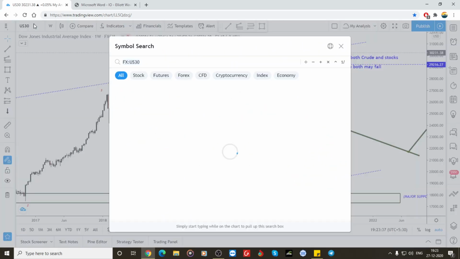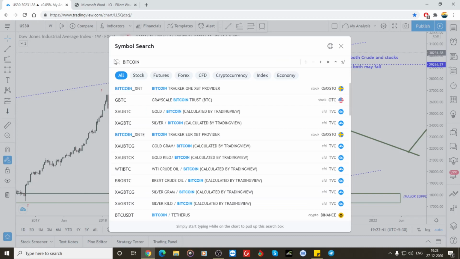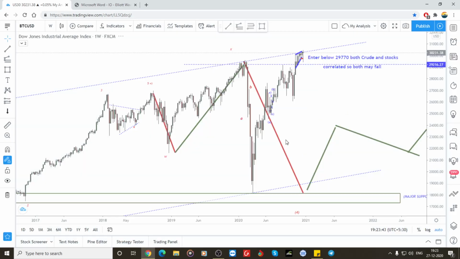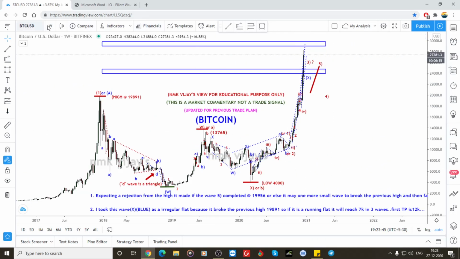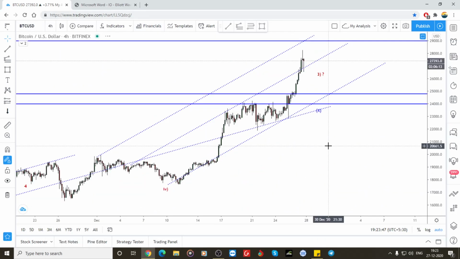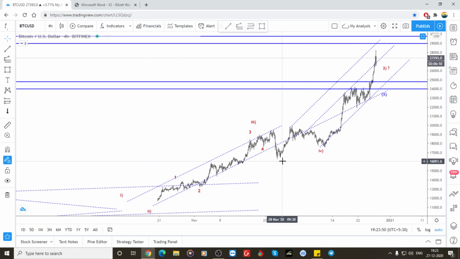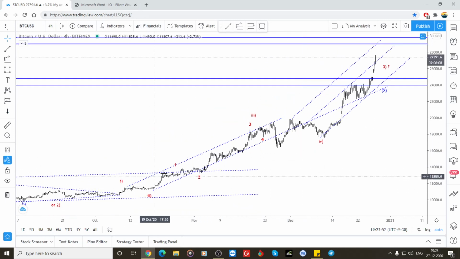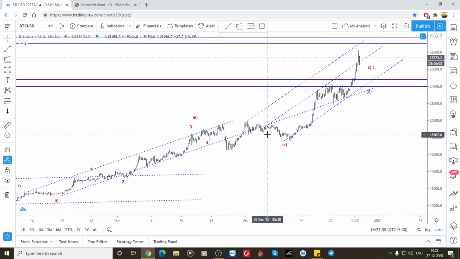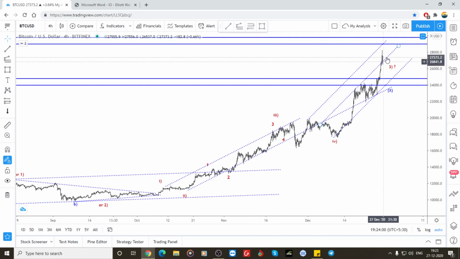So next we will move on to Bitcoin also. See, Bitcoin also is exactly within the channel with some shakeout. After that it moved to the next channel.